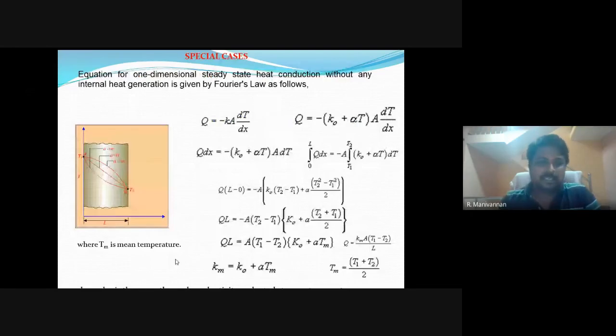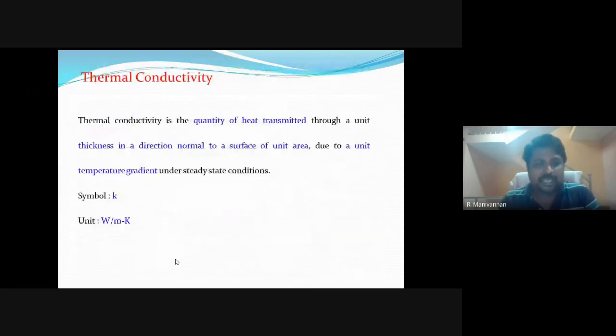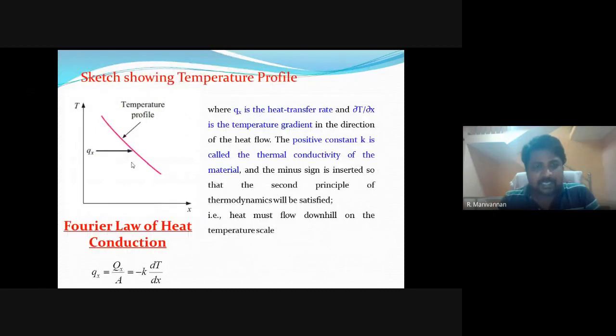Now, we have seen the temperature profile. In most cases, it is linear, and it is assumed that the thermal conductivity of the material is the same in all the directions. That means it is an isotropic material.